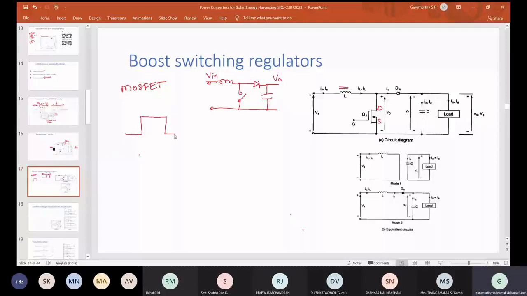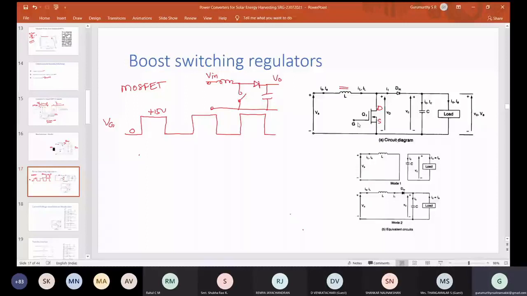This is 0 volt and here it is 15 volt. Once you give this waveform to the gate, what happens? When you make the gate 15 volt, the switch will become on. Once you make the gate voltage 0, then the switch will become off.